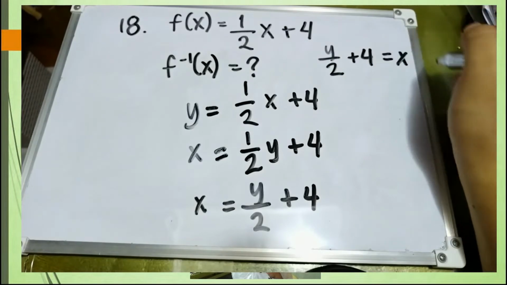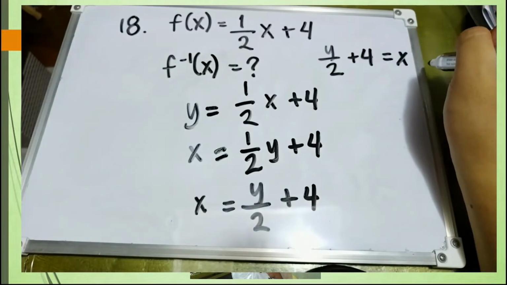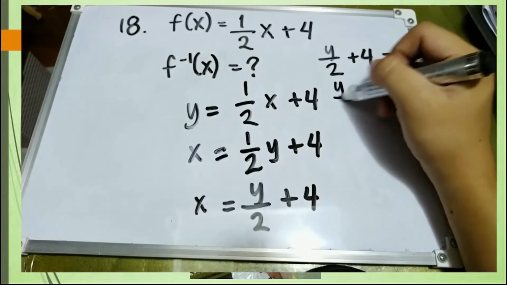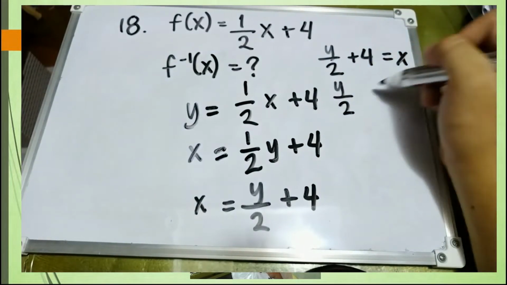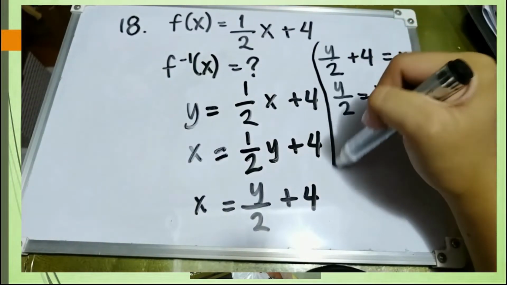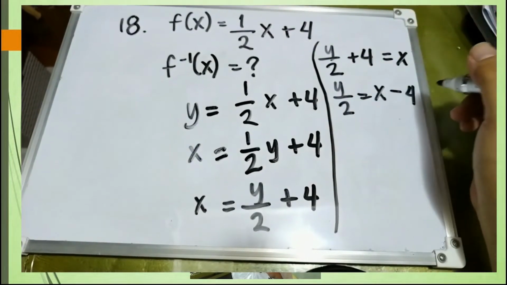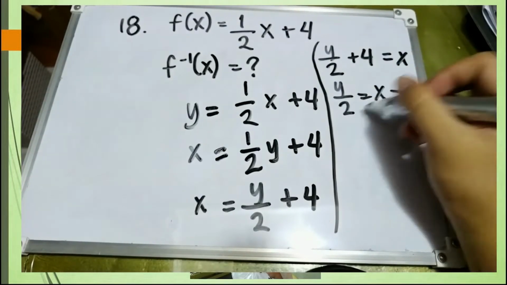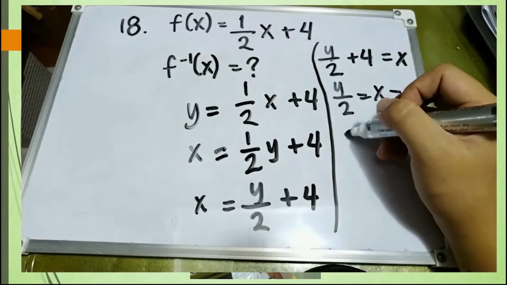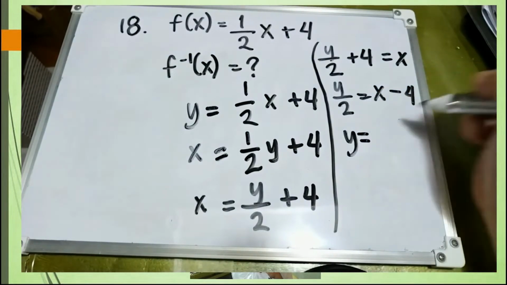Then the 4 here, you're going to subtract both sides by 4. So y over 2 is equal to x minus 4, or simply just transpose. Then we're going to multiply both sides of the equation by 2, so that what is left is just y.